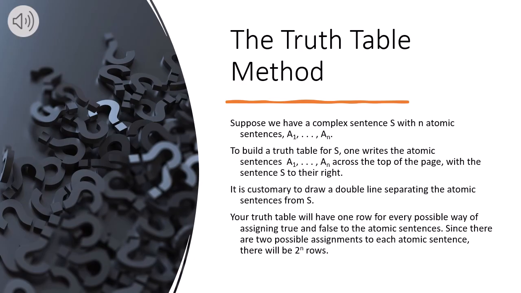Multiplying those all together, you get 2 to the n possible choices for assigning true or false to those atomic sentences. And what that means is that if you have n atomic sentences in your complex sentence S, then the truth table that you construct is going to require 2 to the n rows. So 2 atomic sentences means that you have 4 rows, and 3 atomic sentences means that you have 8 rows, and so on and so forth.